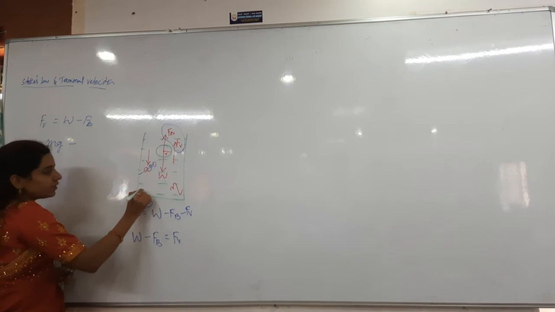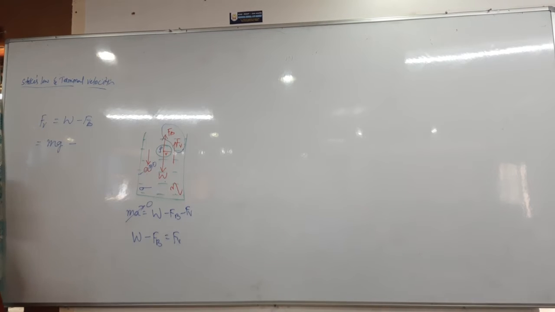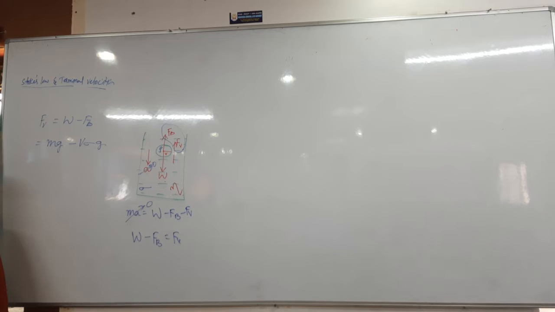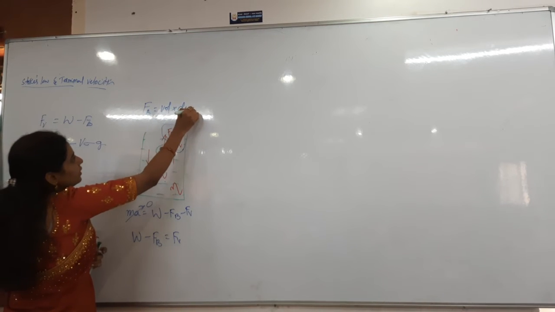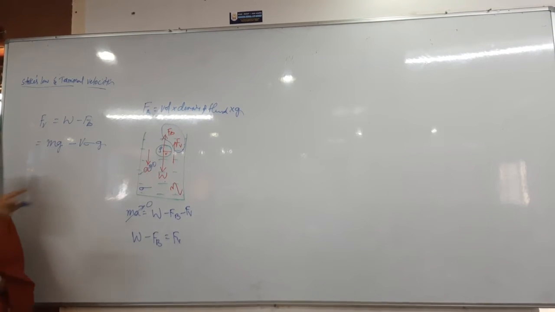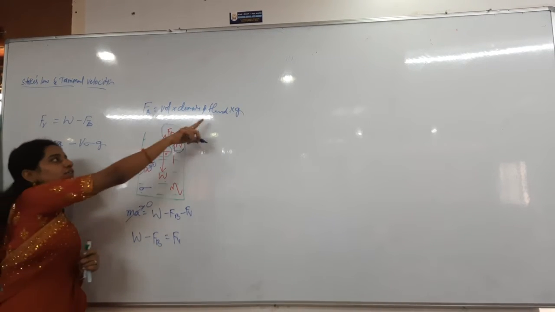I will take the density of the liquid as sigma and the density of the object as rho. The force of buoyancy formula is the volume of the substance times the density of the fluid times g. Here the volume of the substance is the volume of the spherical object, the density of the fluid is sigma, the density of the object is rho, and g is as it is.